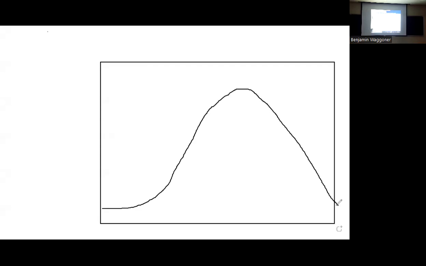Okay, with me there? It turns out that if you look at different genotypes of VMAT2, one genotype will have a trait distribution like this, and the other genotype of VMAT2 will have a trait distribution that looks kind of like this.